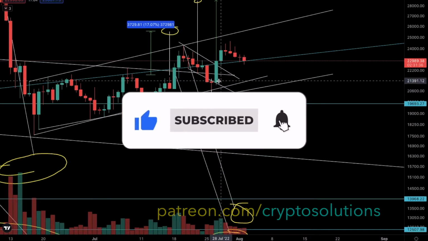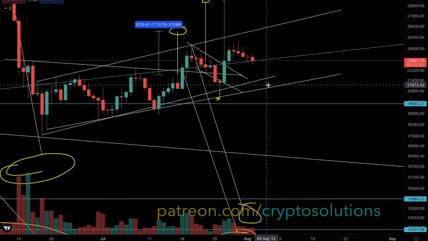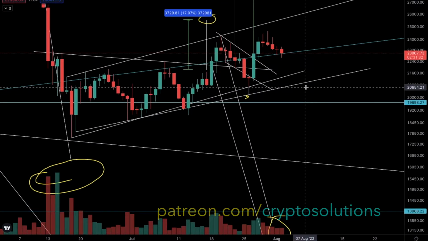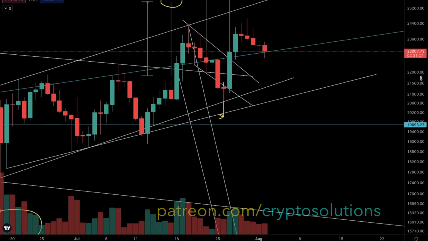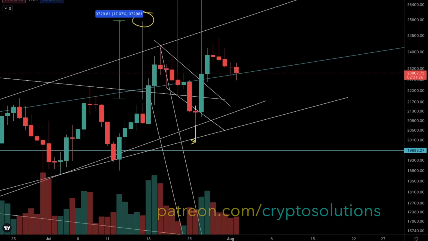And the third pattern, this one, I didn't mention it before. I drew this on my own time without recording, but I was following this descending wedge right here. It looked like a bull flag for some moments, but it got invalidated.